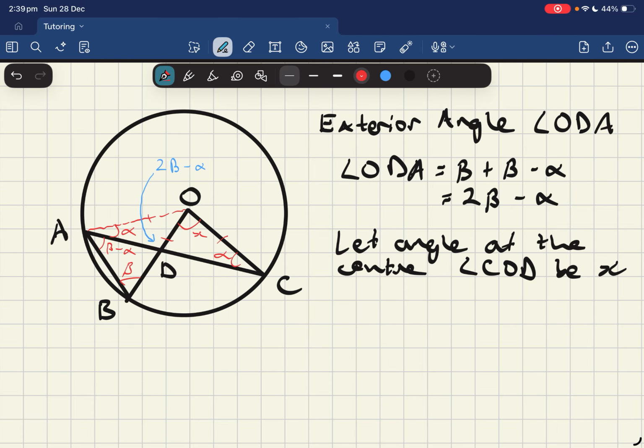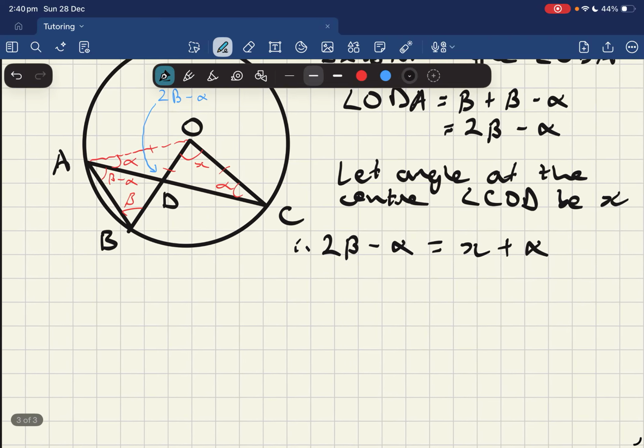So this guy's X here. Now, I can say then that 2 beta minus alpha equals X plus alpha because of that same thing we were talking about before.